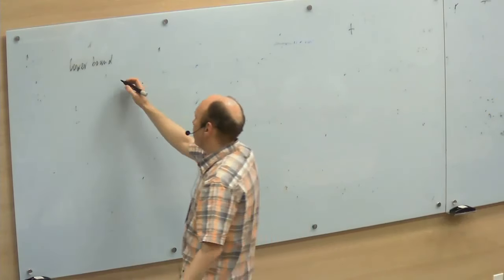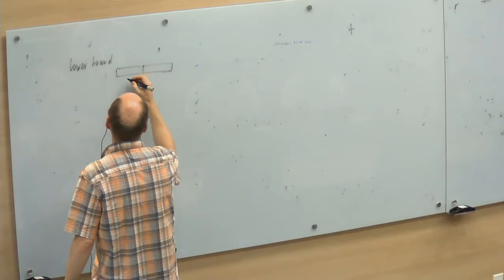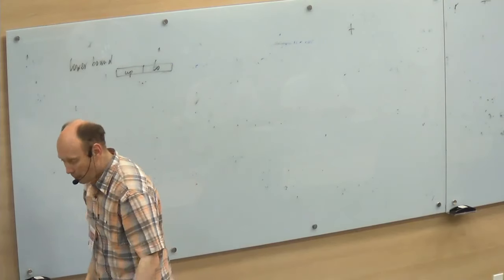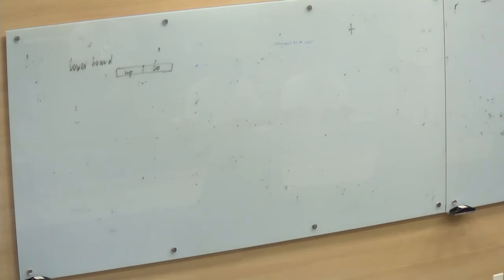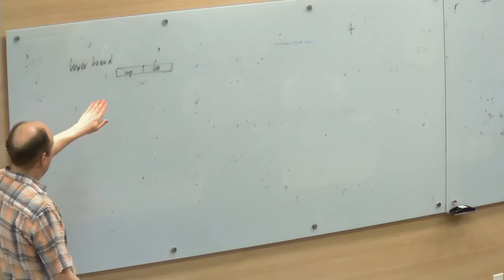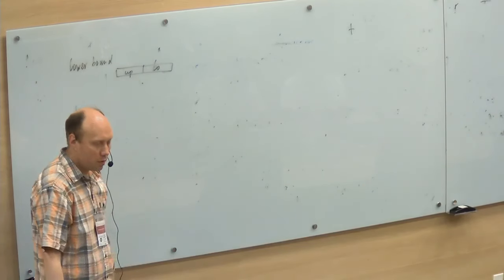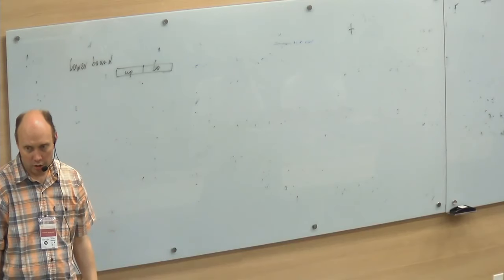Again, we have a requested value with up and low parts. So if the requested value is less or equal to minimum, then we have minimum as the answer.